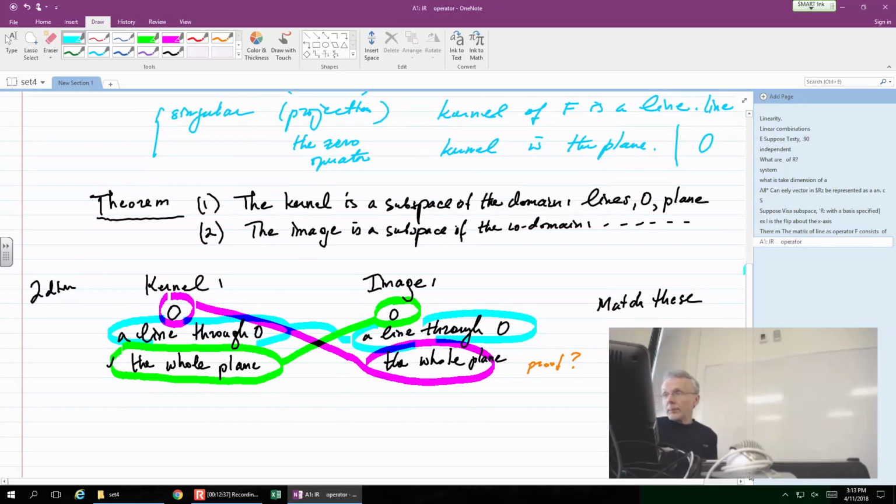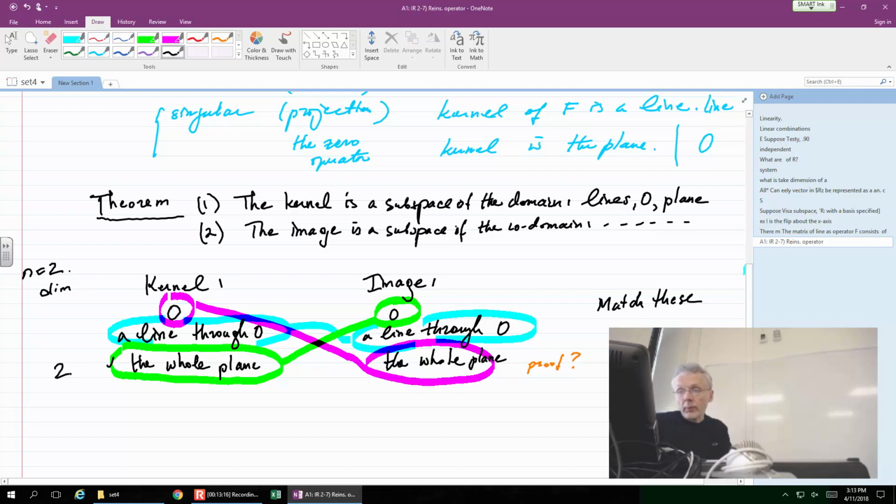So how would you describe these matches, if you can? Can you describe it in one sentence? So this is n equal to 2. How about we look at dimensions?